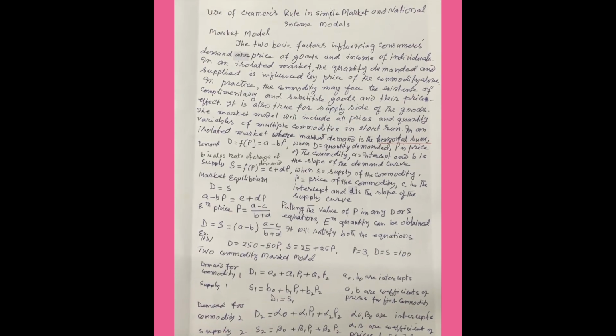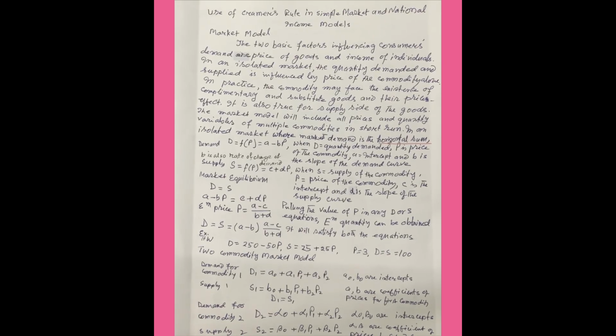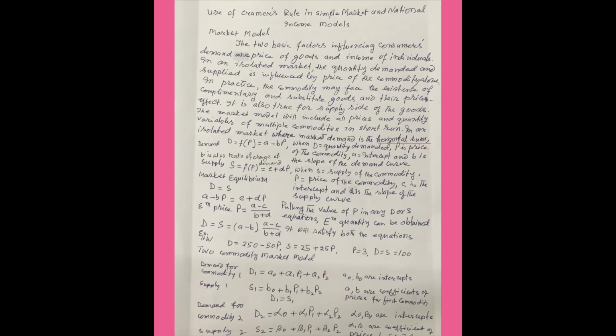So in the short run, it will include the prices and quantity variables. In an isolated market, where market demand is the horizontal sum of the individuals, demand is a function of price, because as I said, in an isolated market the income factor will not come.